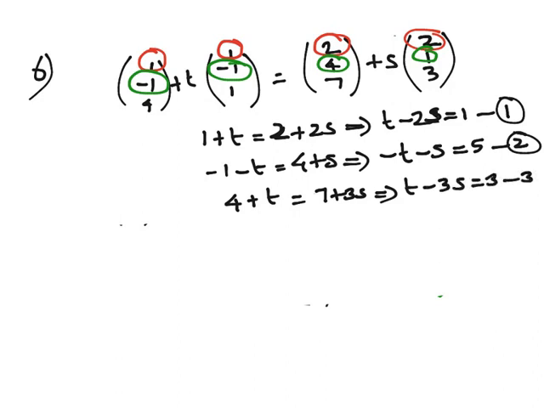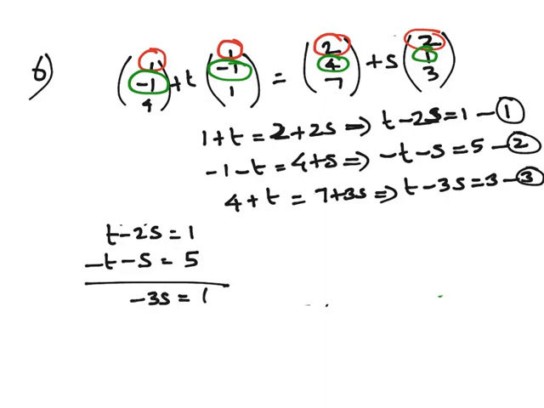So equation 3. Now let me solve equation 1 and 2. So t minus 2s equals 1, minus t minus s equal to 5. If I add them, you will get minus 3s equal to 6. So s is minus 2. That is sufficient. You need not find the value of t. Now the problem is not over, students. After finding the value of s, you need to find the point of intersection.